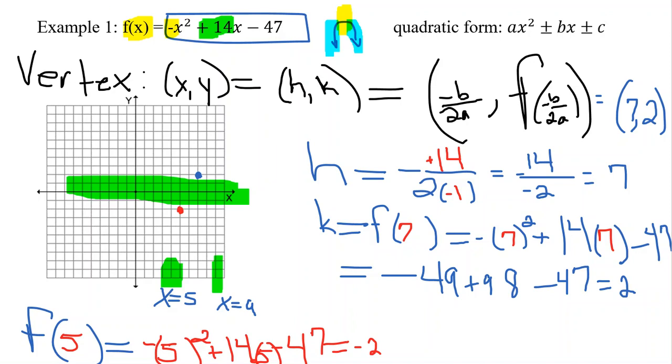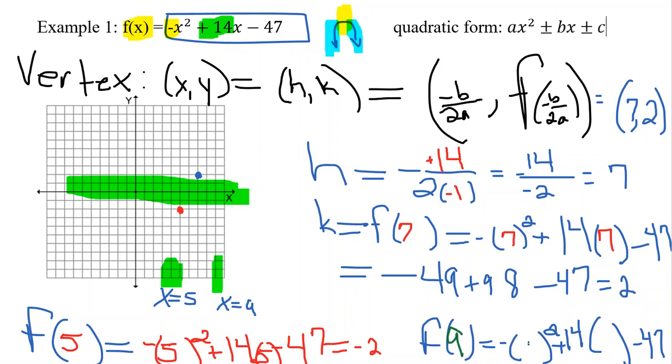Alright, so now let's try f of 9. Let's plug in 9 everywhere there is an x. So now I have negative 9 squared. 9 squared is 81, so I have negative 81 plus 14 times 9 minus the 47.